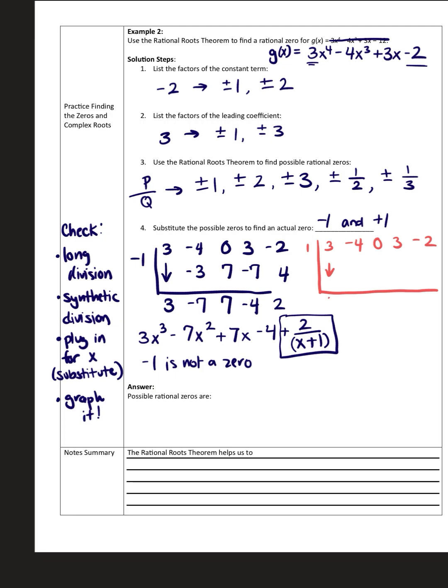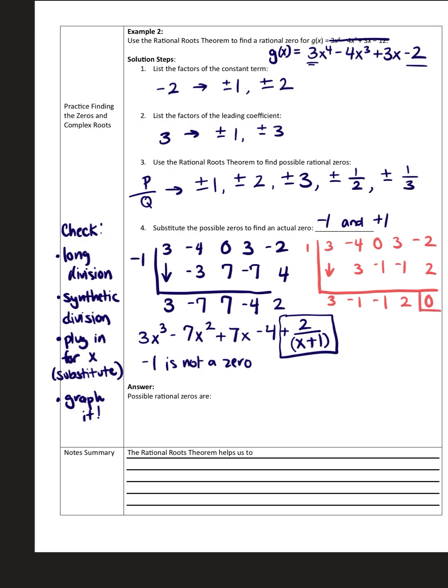I'm going to bring down my 3. 1 times 3 is 3. -4 plus 3 is -1. 1 times -1 is -1. 0 plus -1 is -1. 1 times -1 is -1. 3 plus -1 is 2. 1 times 2 is 2. -2 plus 2 is 0.